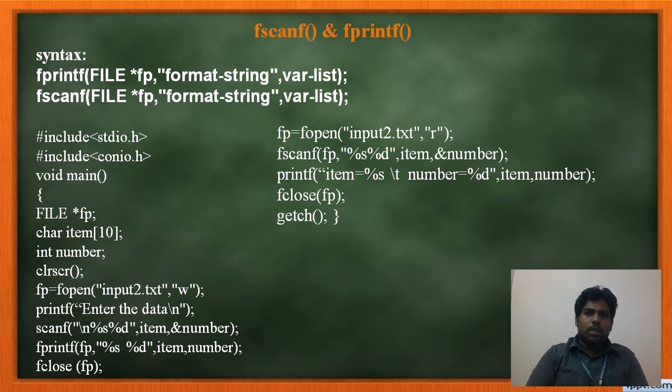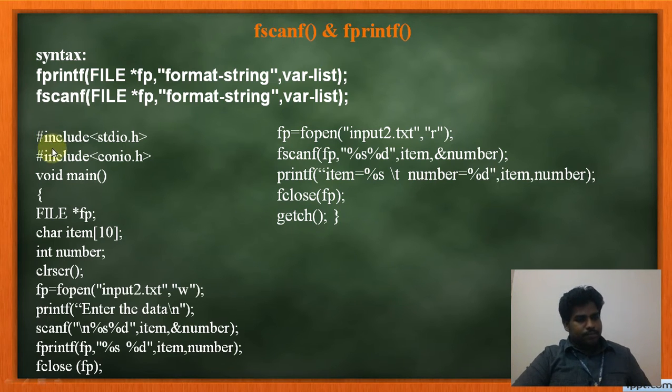Then I am going to open the file and write the inputs I got inside it. After writing, I am going to close the file. Again I am going to open the file in read mode, get the input from the file using fscanf, then print it on the output screen.